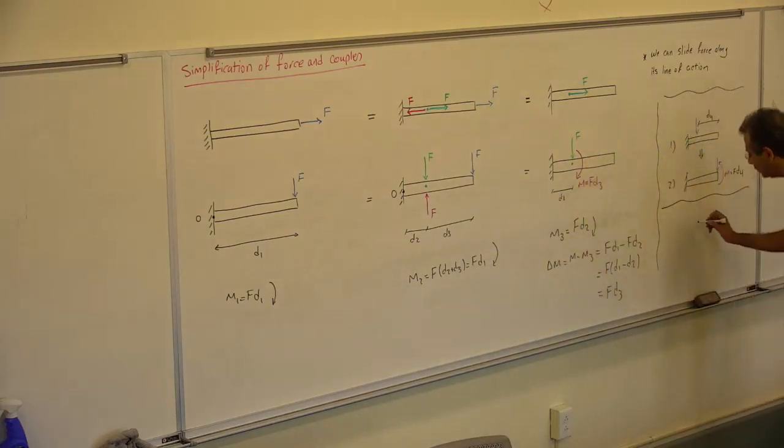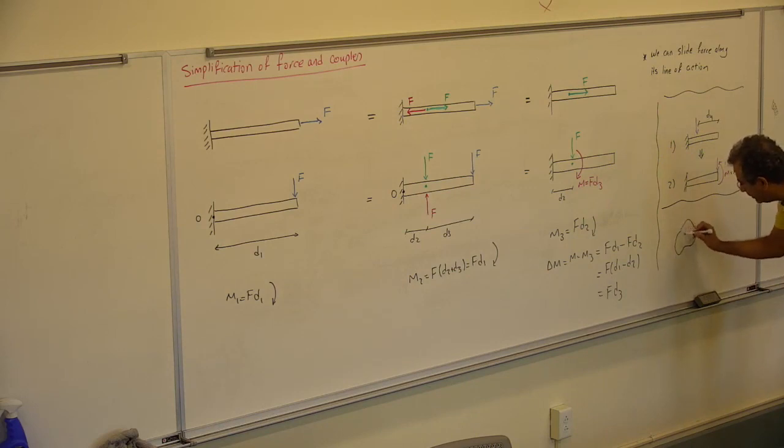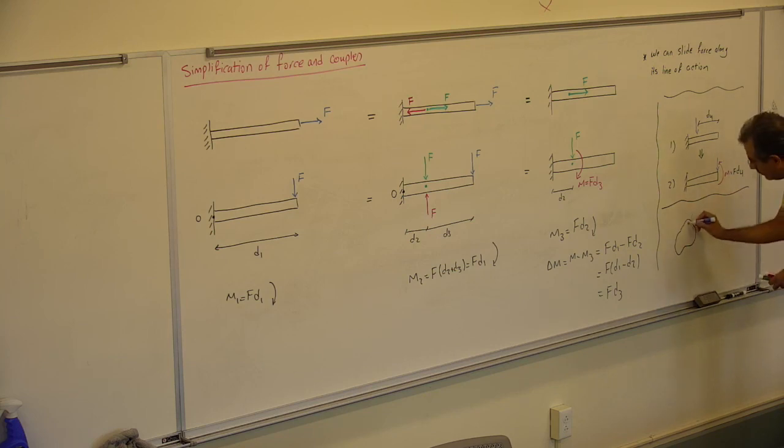Eventually, if I have an object that has 4 or 5 forces applying on it, I'm going to bring them all to a single point, and then I will add the moment to compensate for the amount of moment I either lost or increased.